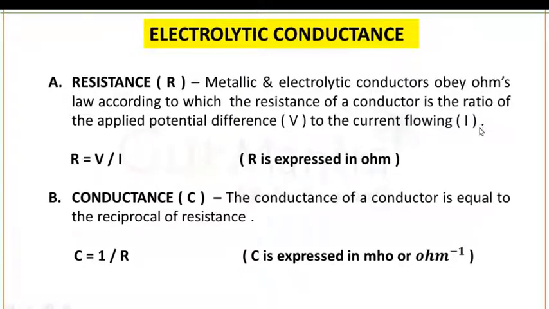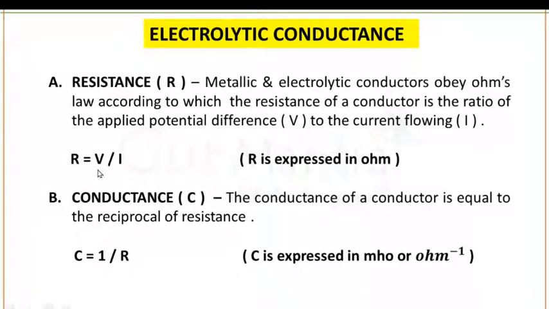Resistance is a measure of opposition to current flow in an electric circuit. Resistance is always measured in ohms, symbolized by the Greek letter omega.